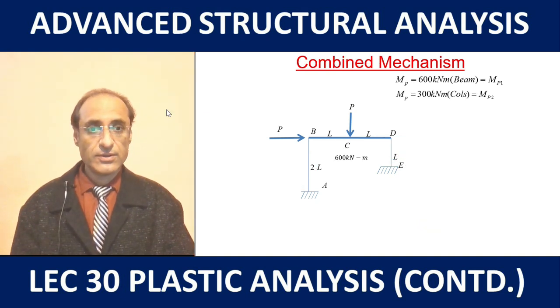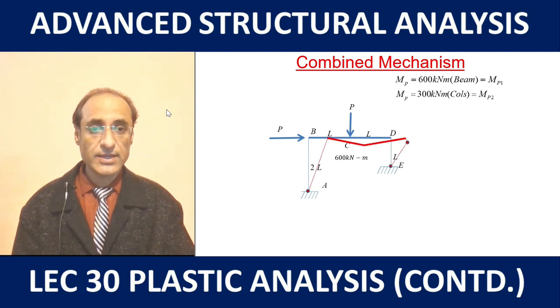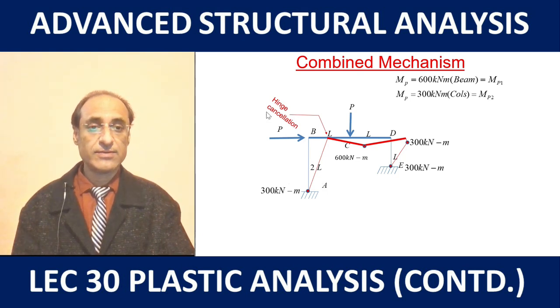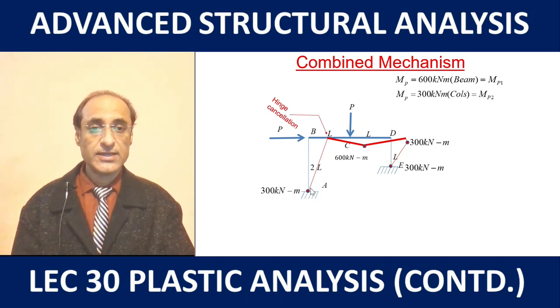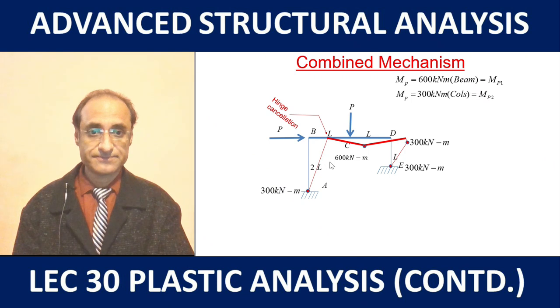Let's now consider the combined mechanism. In this particular case we have the hinge cancellation at B, and at other locations we have the plastic hinges at D, E and A. The plastic hinge forms at 300 kN, but at C it forms at 600 kN.